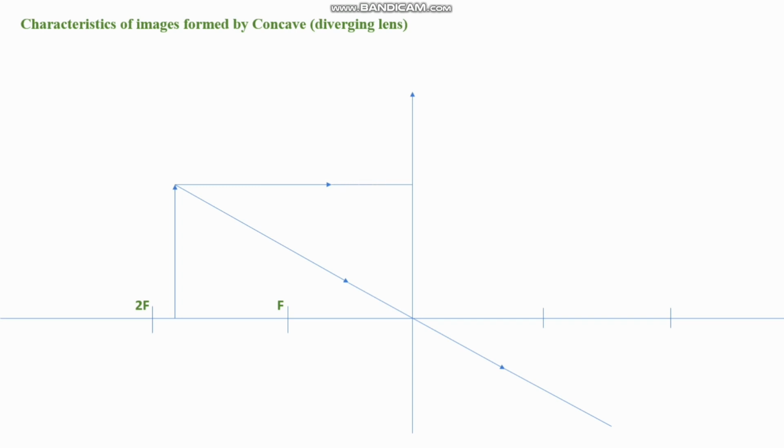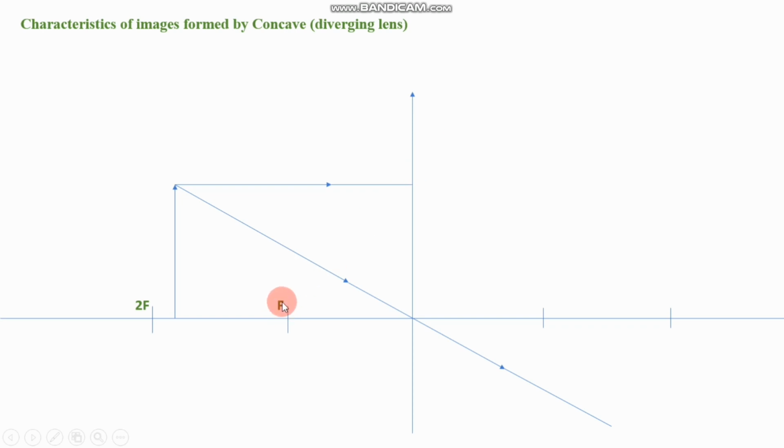Now for a concave lens, this ray is going to be refracted, but it will diverge upwards. However, the ray that has diverged upwards must appear as if it is coming from the principal focus. We said when it's parallel to the principal axis, the ray appears to emerge from the principal focus.